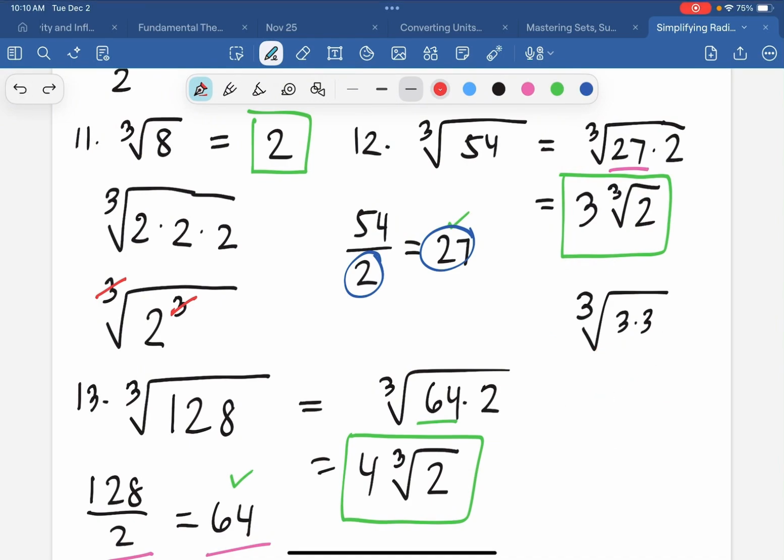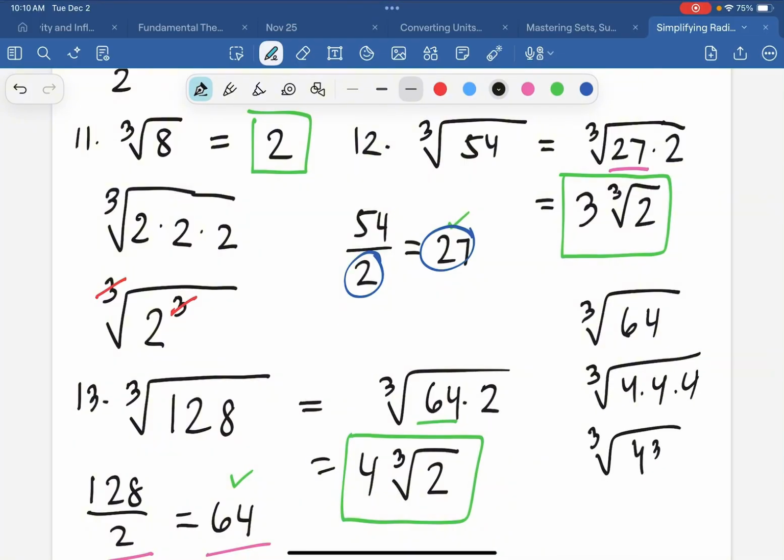Another thing, if you wanna check for 64, so you have cube root of 64, so you have 4 times 4 times 4, or just 4 cubed, then cancel, and you are left with 4. That's why you get to have this. Okay, let me just erase.